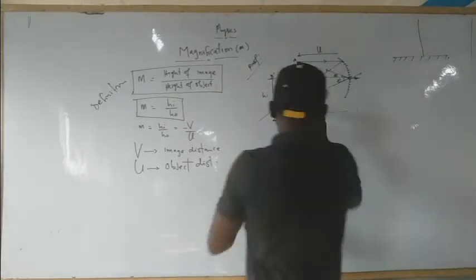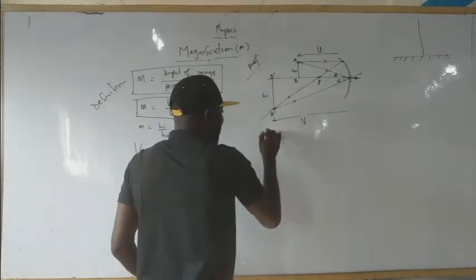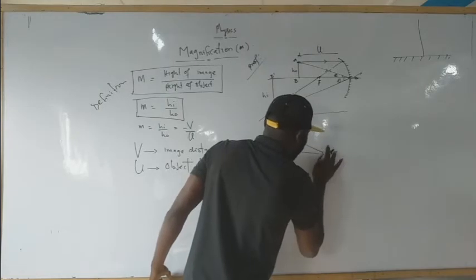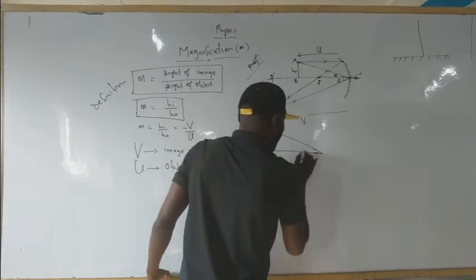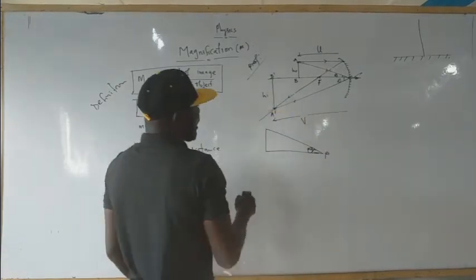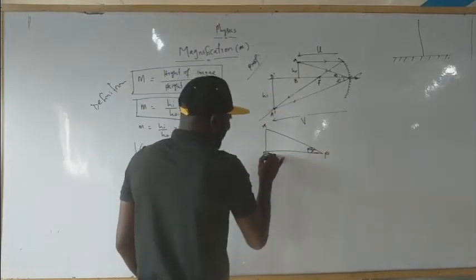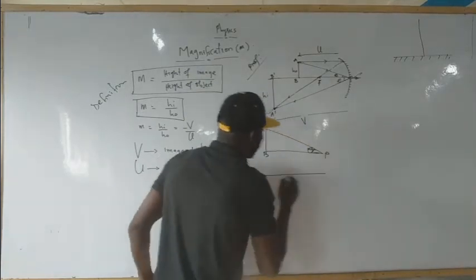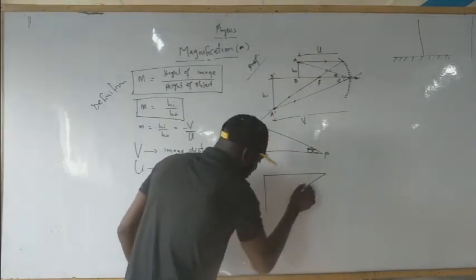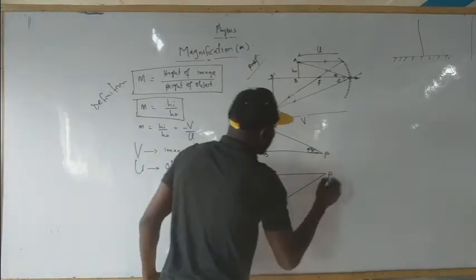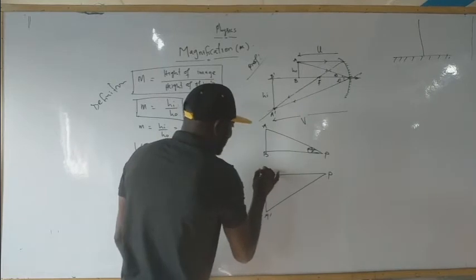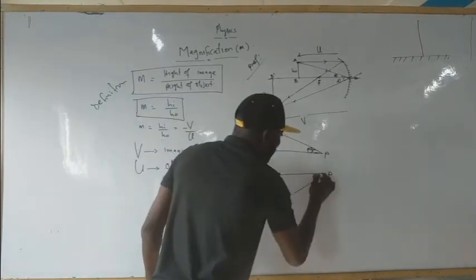From here, let's bring out the first triangle. We have this, this, and this. So this is theta, this is P, this is A and this is B. The other one is this: this is P, this is A dash, B dash, and angle theta.